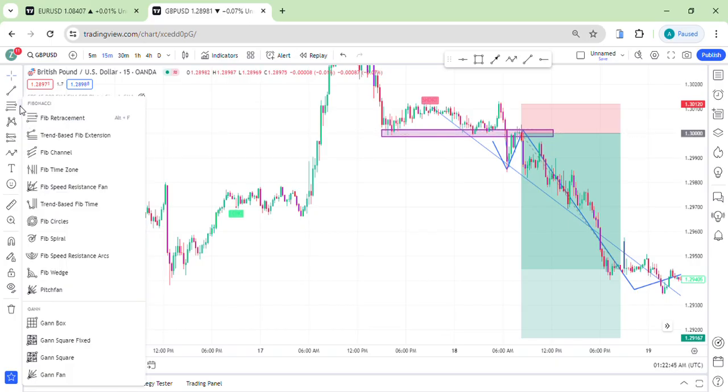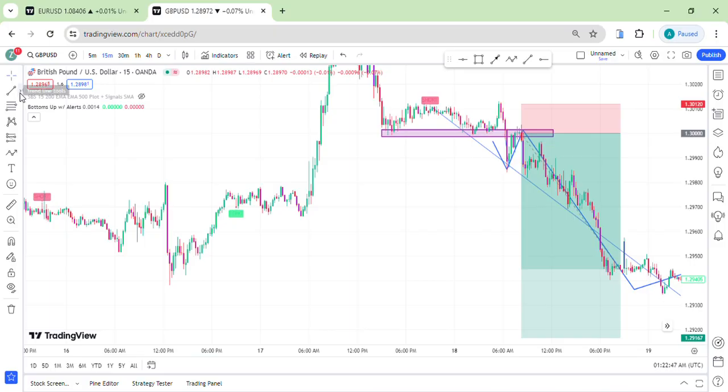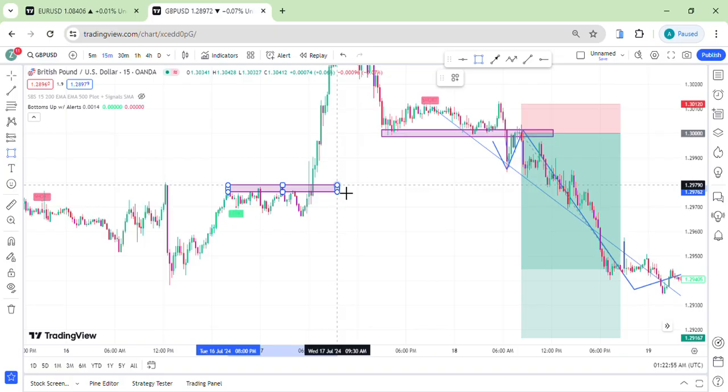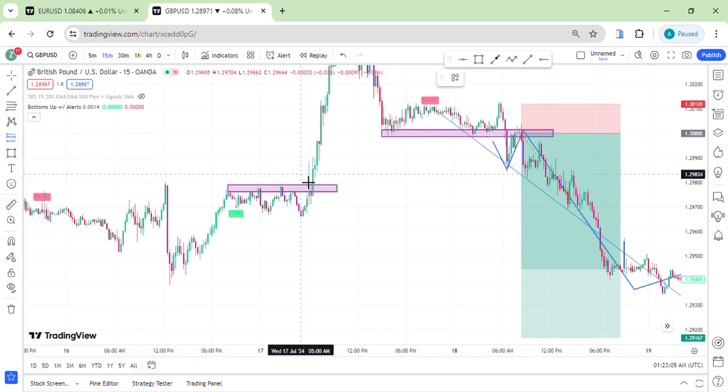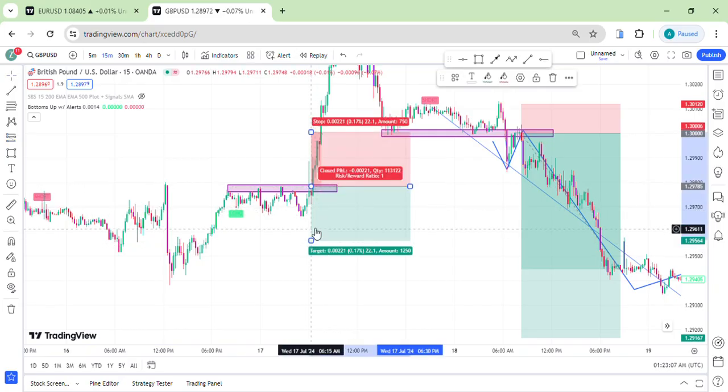Give us another buy signal. You want to wait for price break this place. Sometimes you don't need to wait for pullback, and sometimes you can wait for pullback. It's still the same. So if you cannot wait for pullback, just go for the trade. Set a stop loss.